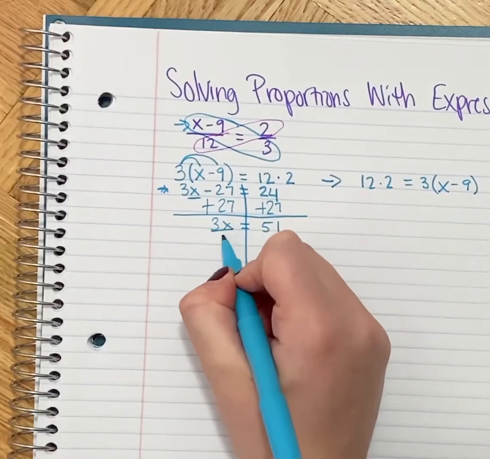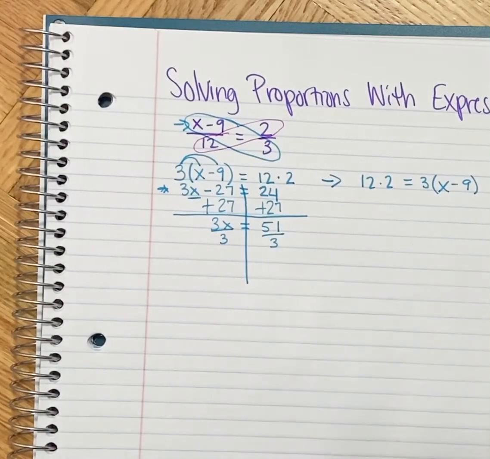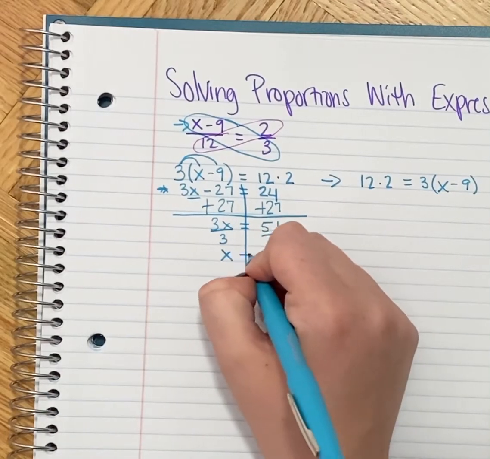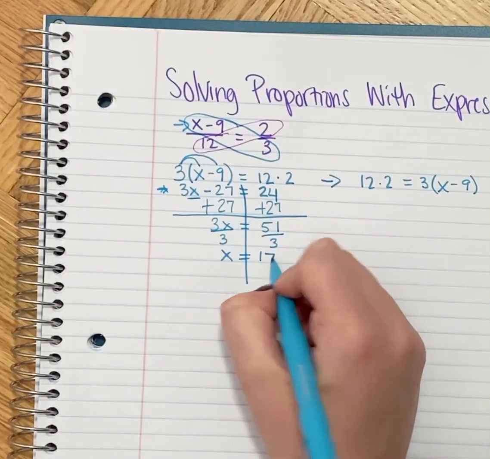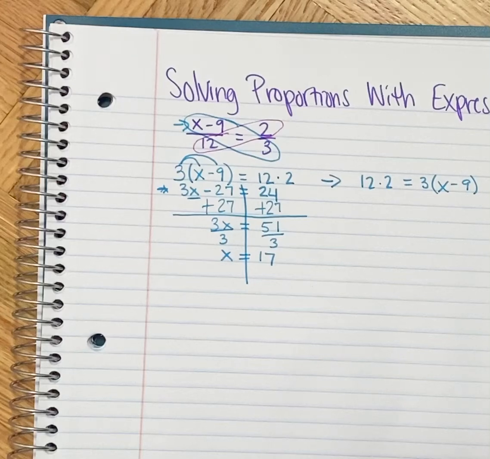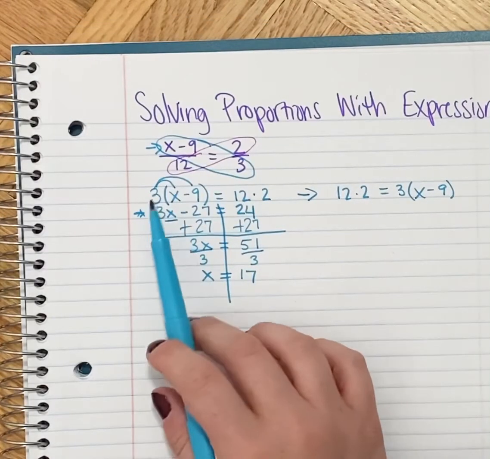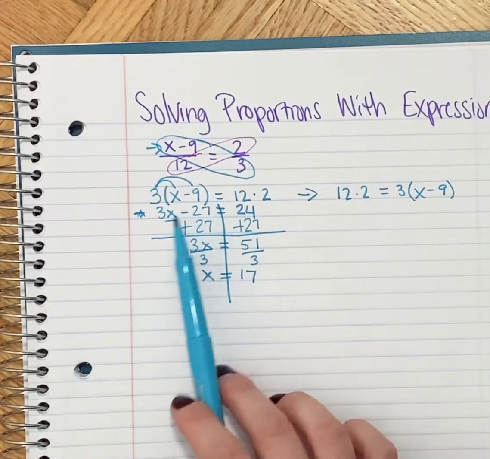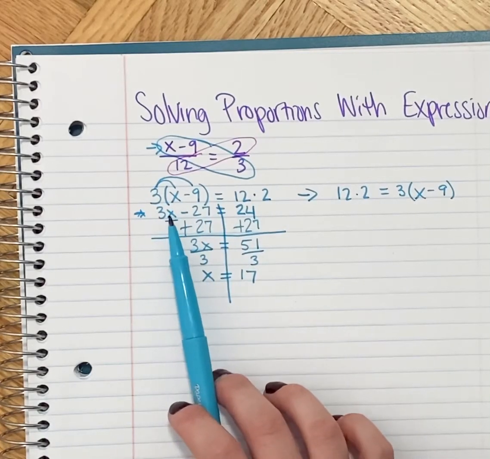Then we can divide by 3 on both sides. Again, we want this x alone. That leaves us with x equals 17. It's not too bad, nothing too crazy, just adding that extra step of distribution, and then making sure we're getting our x by itself.